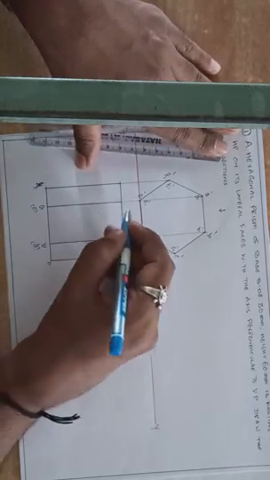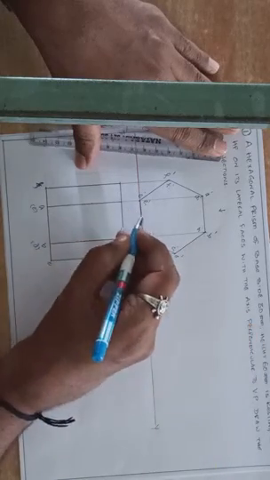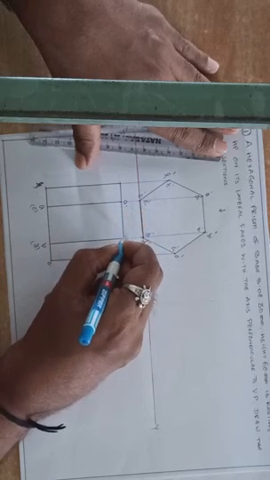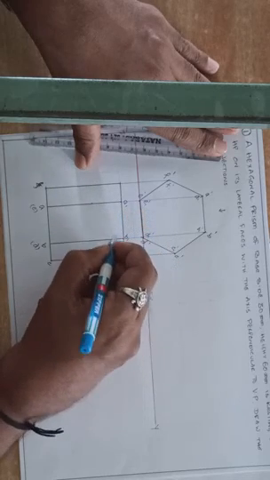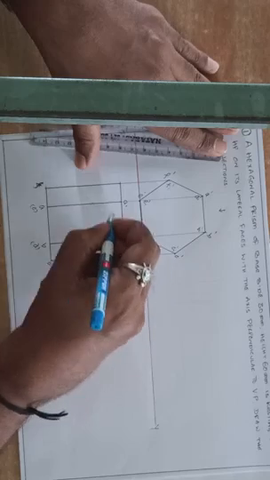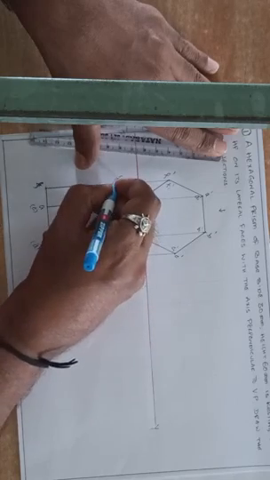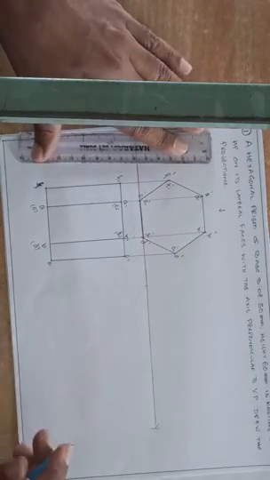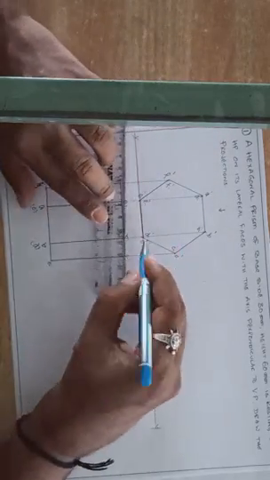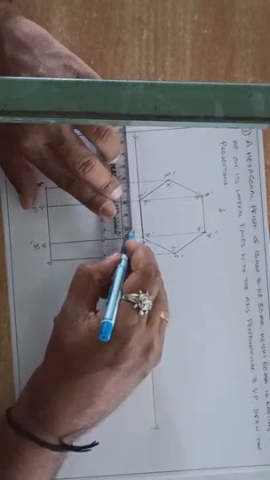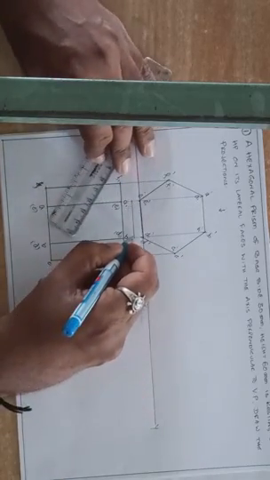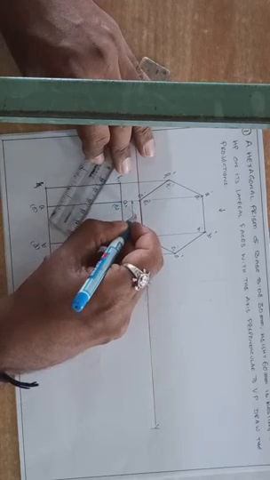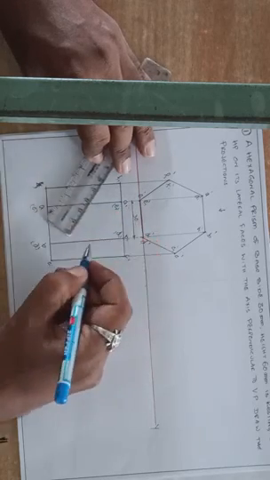Similarly, the rear faces: here again it is A1, B1, C1, D1 in brackets, E1 in brackets, F1 in brackets. Now how much is the side? That 30 mm we can mention here with arrow marks, so side is 30 mm.